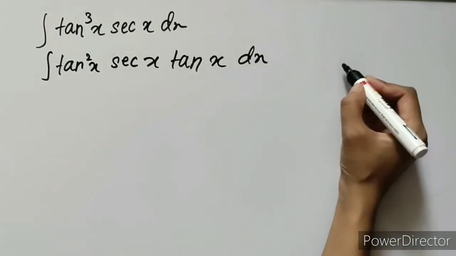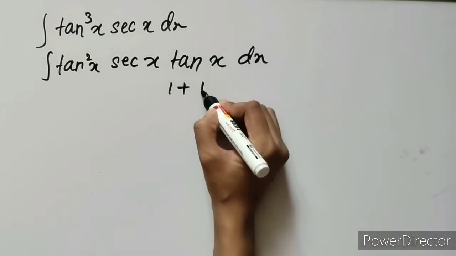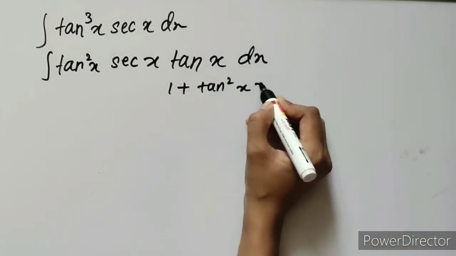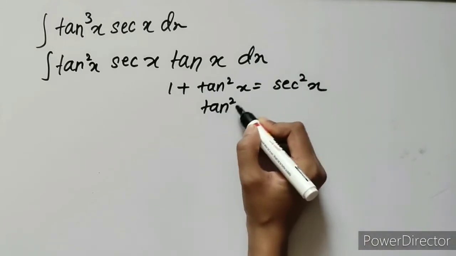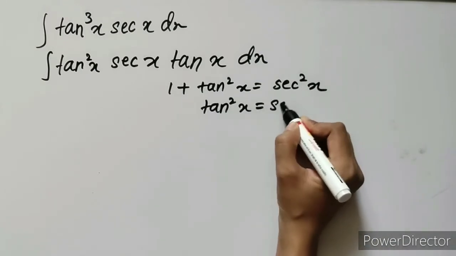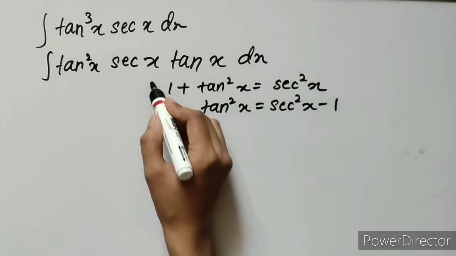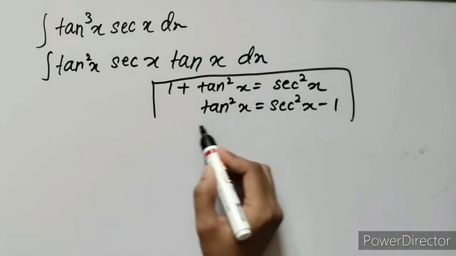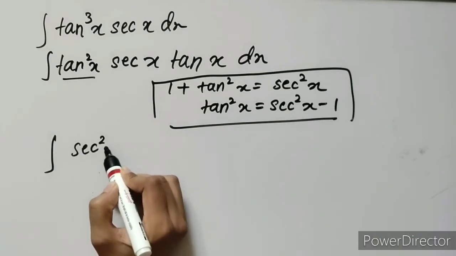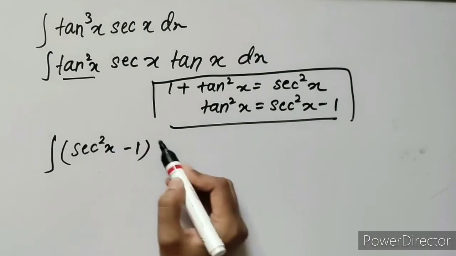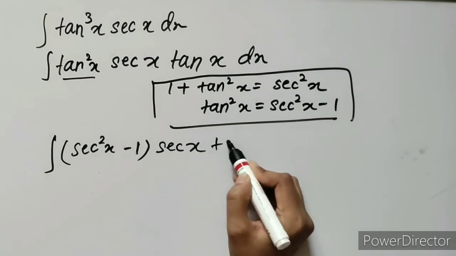And we have a formula which states that 1 plus tan square x is equals to secant square x, or you can say that tan square x is equals to secant square x minus 1. So instead of tan square x I will put secant square x minus 1, and the rest will be as it is.